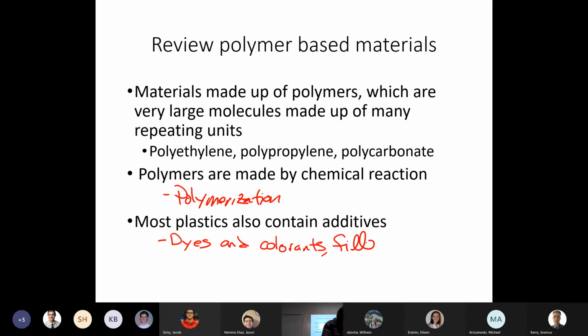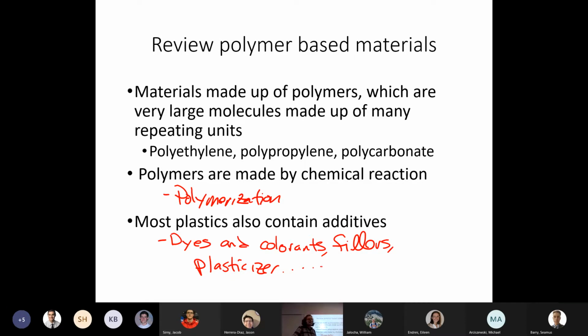We also are likely to see fillers, plasticizer, and a few others. Some materials have a certain amount of polymer, and then we add a lower cost material to just take up space.